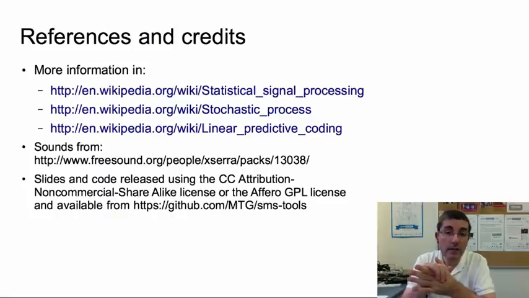The field of statistical signal processing is quite an advanced topic, as I mentioned, and most of the references are quite complicated. If you start by looking at these Wikipedia pages, you can get links and descriptions to all these more complex views of stochastic processes and statistical signal processing. So feel free to go there and check all these topics.